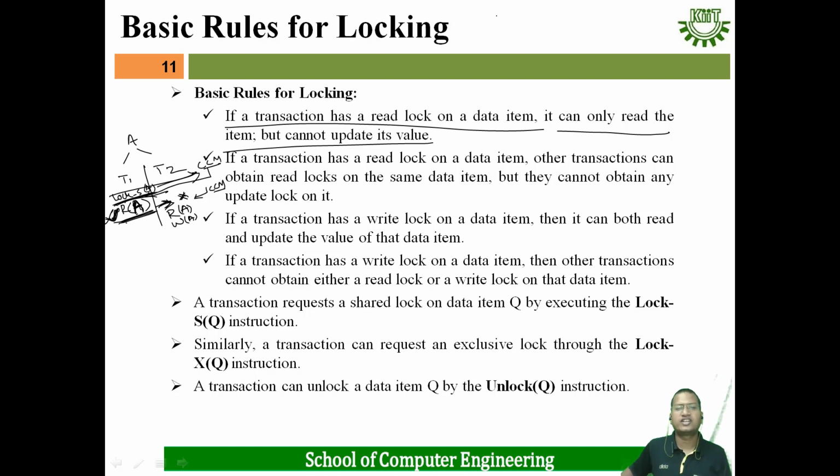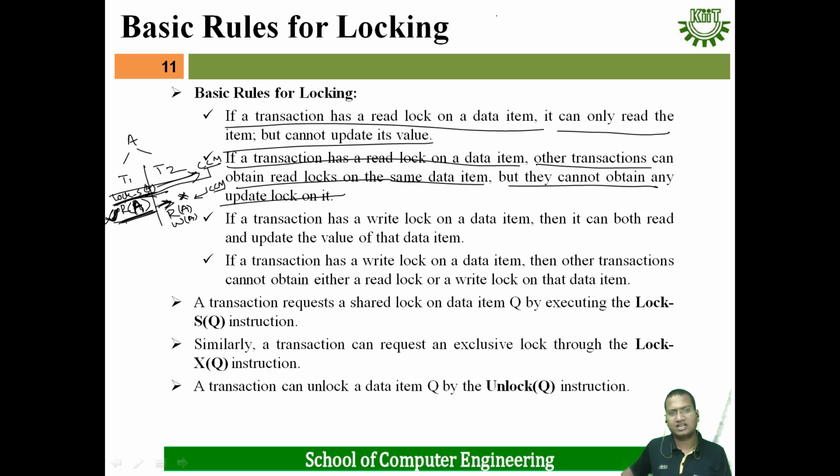Whenever another transaction requests a lock, the concurrency control manager denies it. That is, if a transaction has a read lock on an item, other transactions can obtain read locks on the same data item, but they cannot obtain any update lock on it.